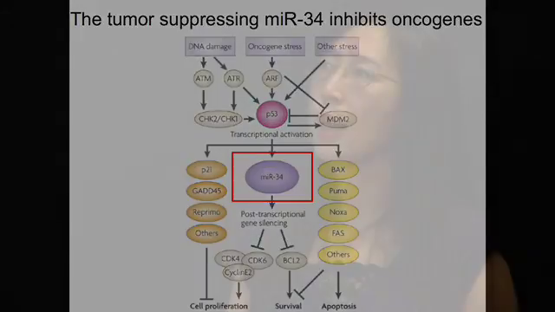And miR34 can act on oncogenes, such as the cyclin E2 CDK complexes, which is involved in cell cycle progression. And miR34 can also act on the BCL2 protein, which is involved in cell survival or apoptosis. So this complex is involved in cell cycle proliferation. And miR34 inhibits the synthesis of this complex, leading to inhibition of cell proliferation.